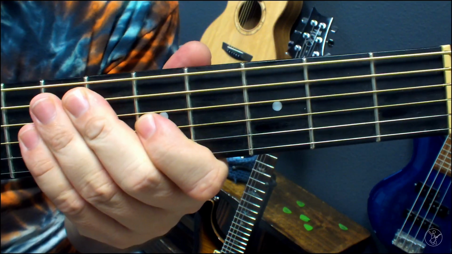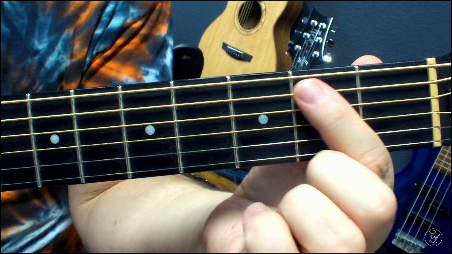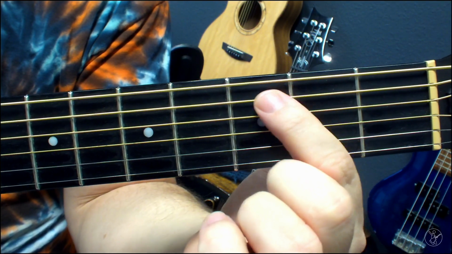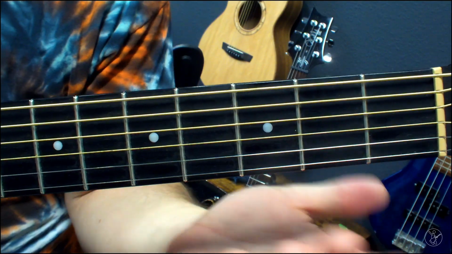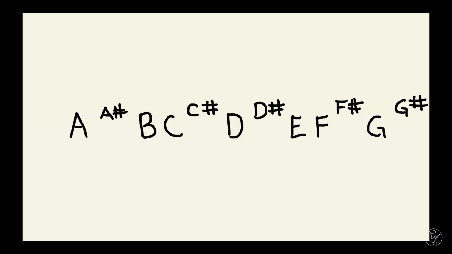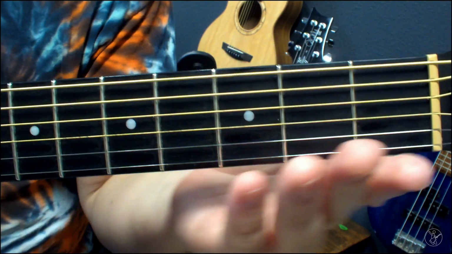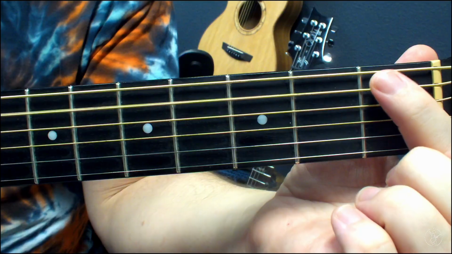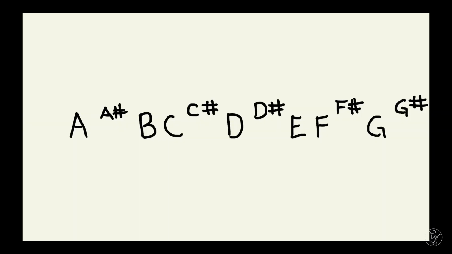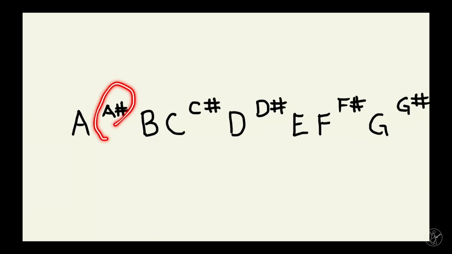Now this works on any string. Let's try it again on the A string. So this is the A string here, okay? If we're looking at the alphabet, that puts us at the very beginning, right here, right? So as I play through this, I've got my open A. As I put my finger on the first fret, that would put us at A sharp, right?